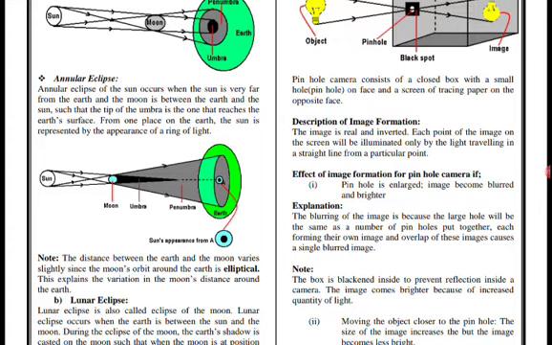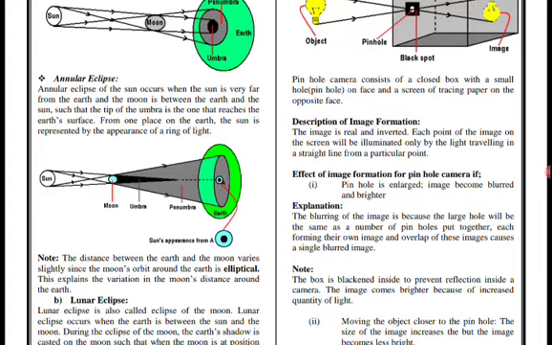The blurring of the image is because the large hole is the same as a number of pinholes put together, each forming their own image, and the overlap of these images causes a single blurred image.